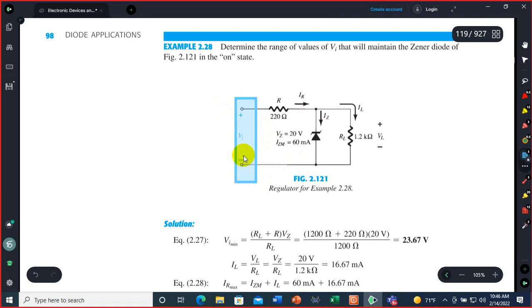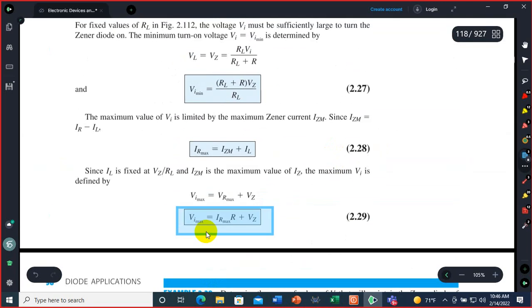Our resistance R is 220 ohm, the zener voltage is 20 volt, the maximum zener current is 60 milliampere, and our load resistance is 1.2 kilo ohm. Just use equation 2.27 to calculate the minimum voltage.